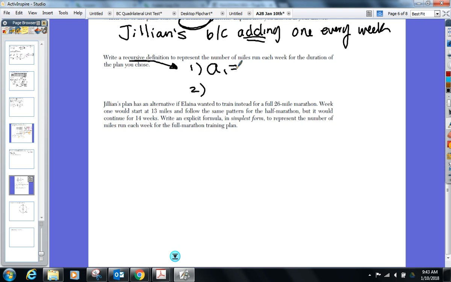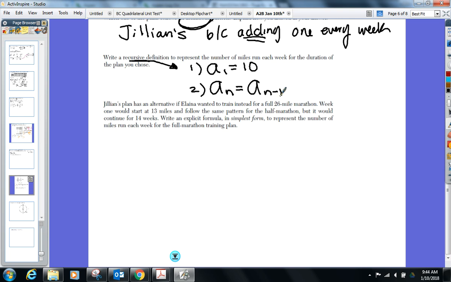Well, she didn't run 1 mile on week 1. According to the graph, how many miles? So A1 is 10. And you also need to tell me what you do to the previous term to get to the next term. How do we write the previous term? N minus 1, yep. So what do I do to a previous term to get to the next one?